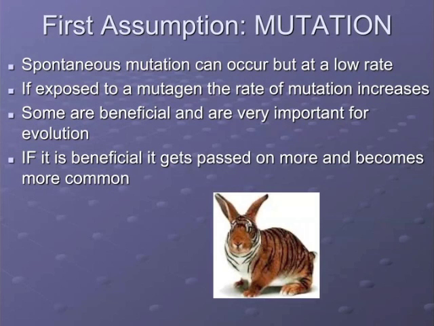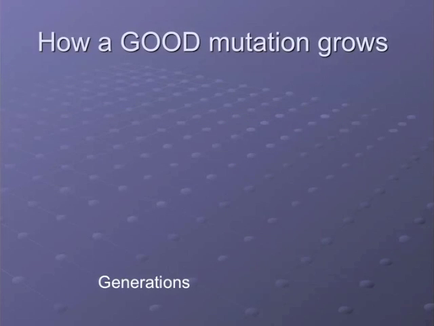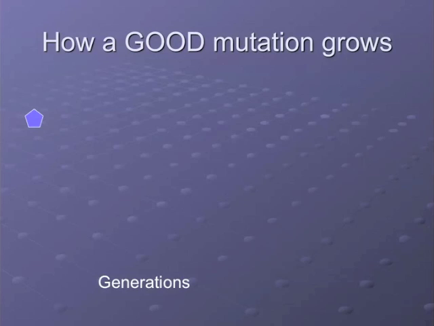All right. Now, this actually just shows through generations how good mutations can grow in a population. So we have a population in which the red is mutated. That is your mutated organism. Then in the next generation, that organism was able to have more babies, so it grew.